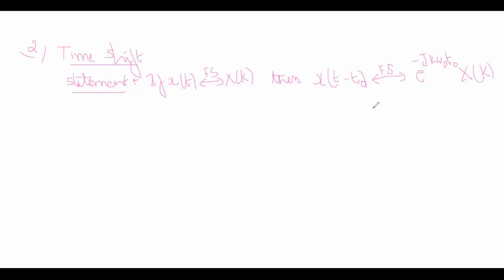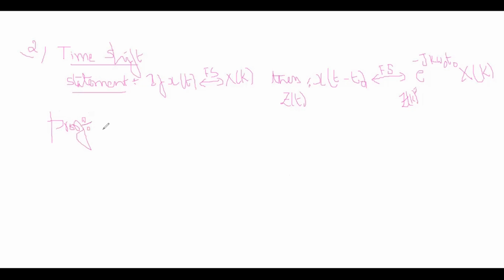So in this, you take z of t as the shifted signal, and z of k is its coefficient. You have to prove that z of k is equal to this. The proof of the time shift property.